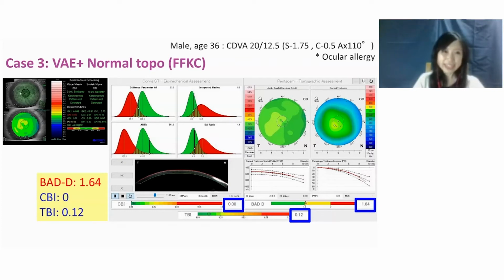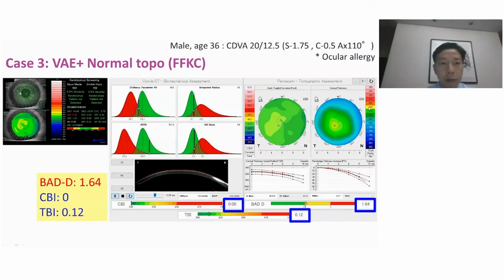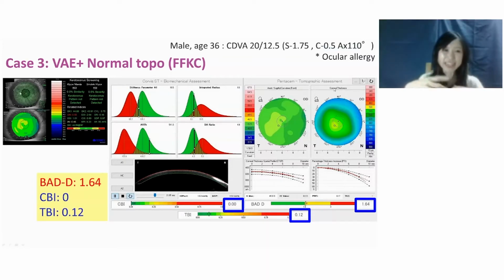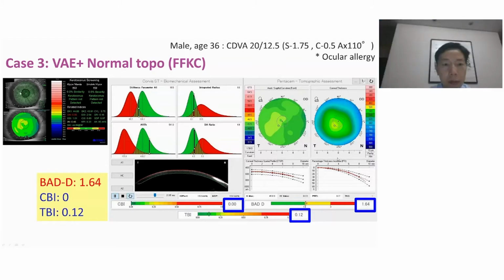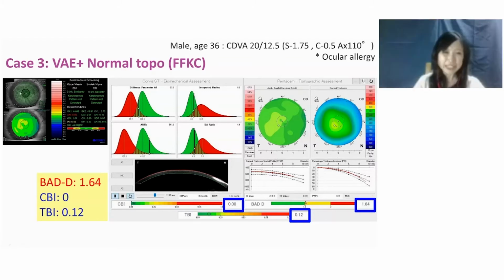So sometimes the BADD value is borderline. Can you hear me? Yes. Okay. I definitely suggest they come again and measure, keep the observation, because it looks like the CBI and TBI are both normal.